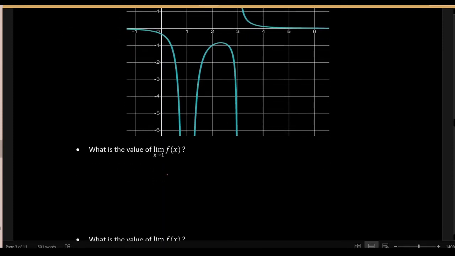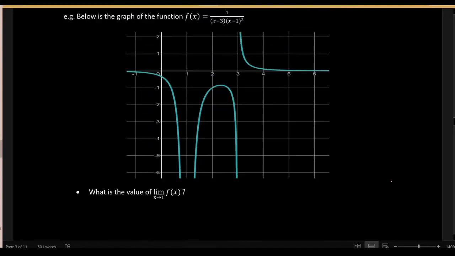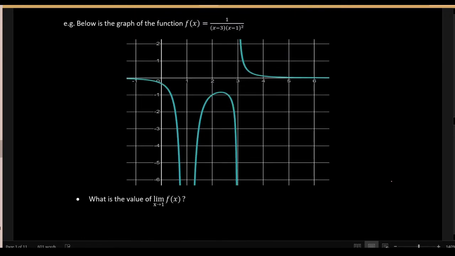So someone asks me, what is the limit, the two-sided limit, as x approaches 1, of f of x. Now x equals 1 lives right here, and I'm going to imagine myself approaching 1 from both the left and the right side.